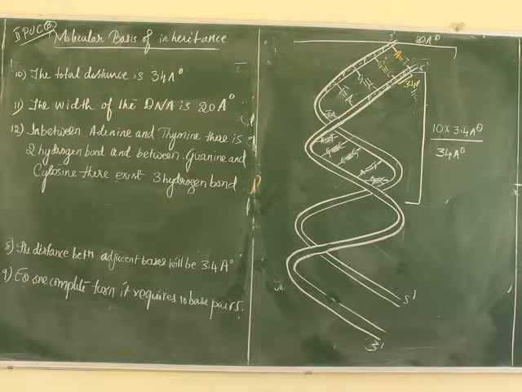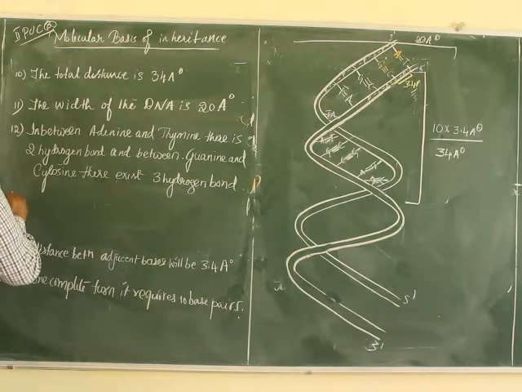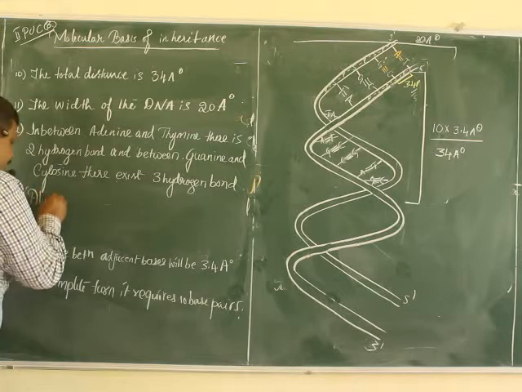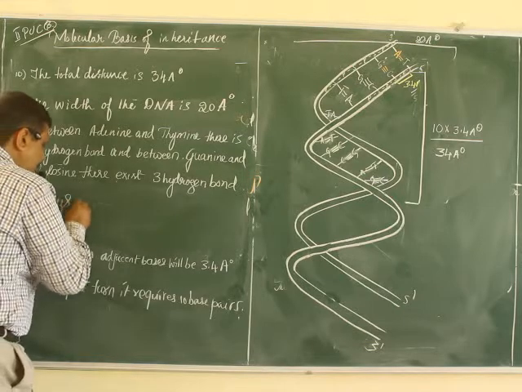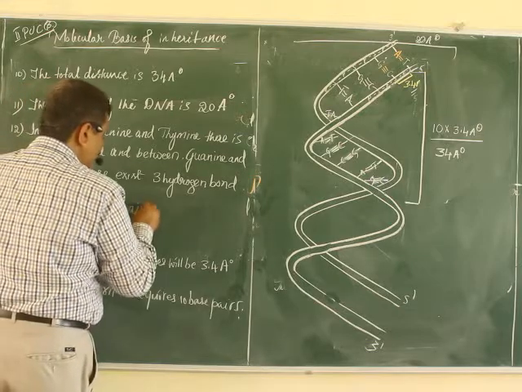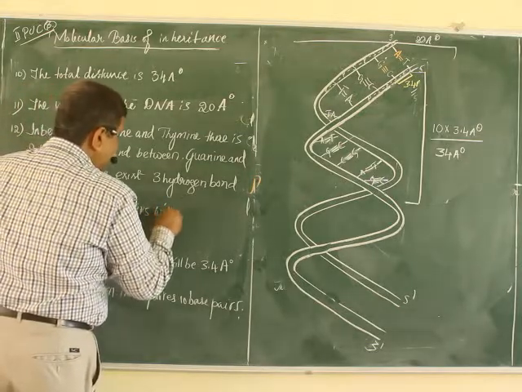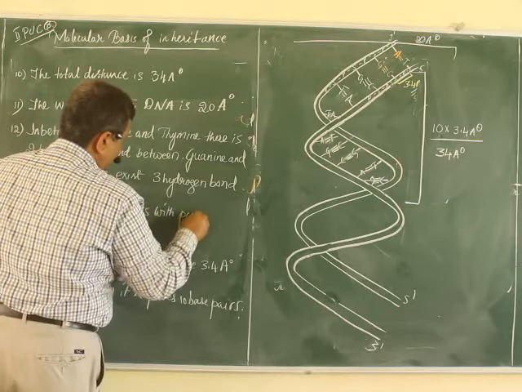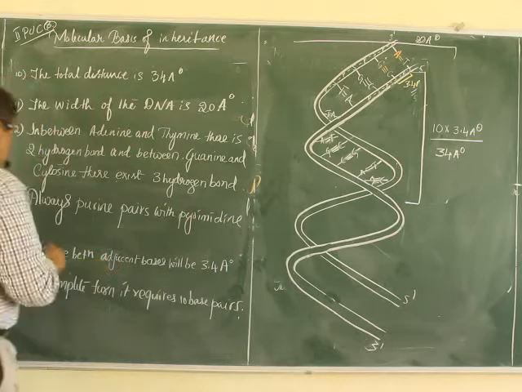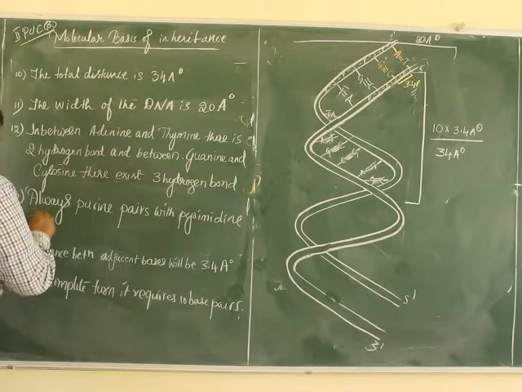So always purines pair with pyrimidines. This point you should write. Always purine pairs with pyrimidine. So this helps to maintain the constant width.